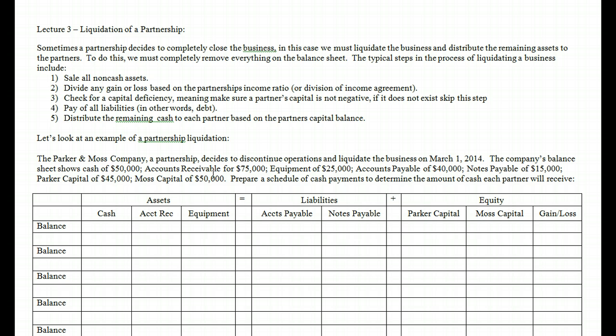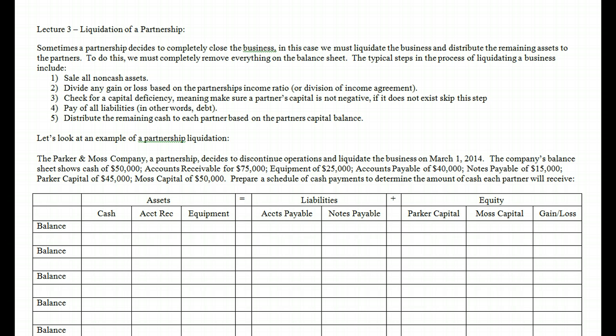Then number 5, we distribute the remaining cash. Whatever cash is left, we distribute to each partner. And we do that based on the partner's capital balance. Now, make sure you do not use the income ratio here. We do not want to use the division of income to divide assets. Divisions of assets are different.